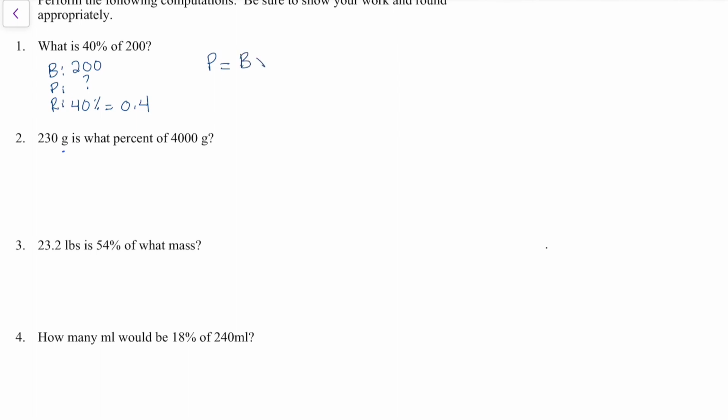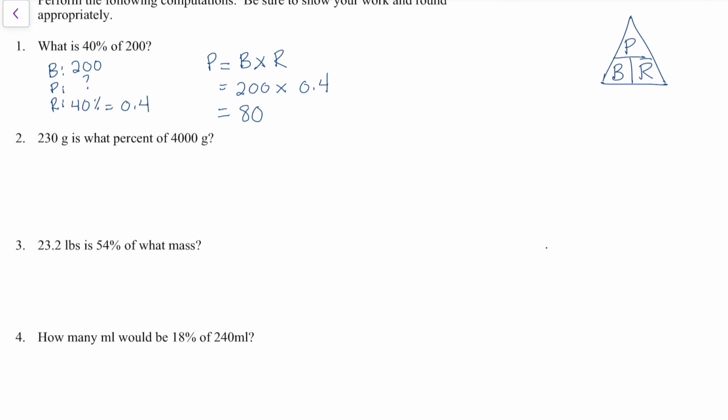So portion is base times rate, if we remember our formula. Right, so if I cover up the portion, I have base times rate. So that means it's 200 times 0.4, which is 80.